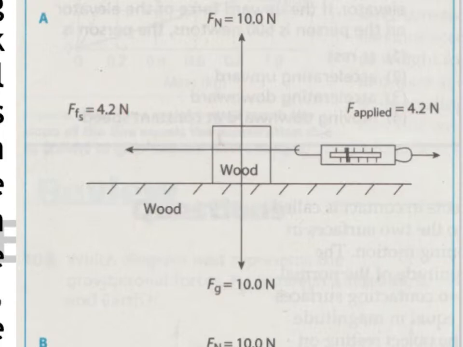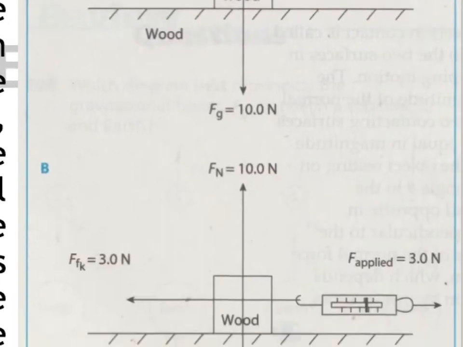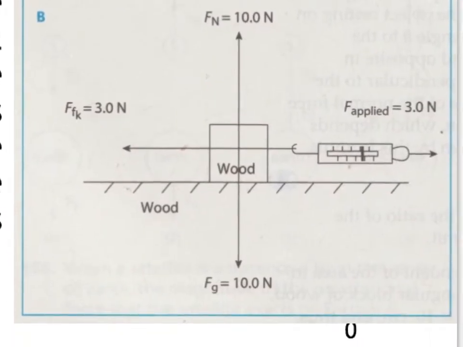I can also tell you that this particular object is not yet in motion, as we've used a static frictional force here. And in the next diagram, it is similar, but the difference is that this is kinetic frictional force.